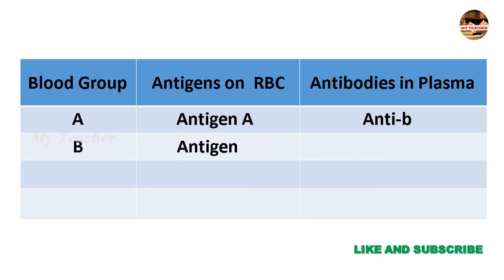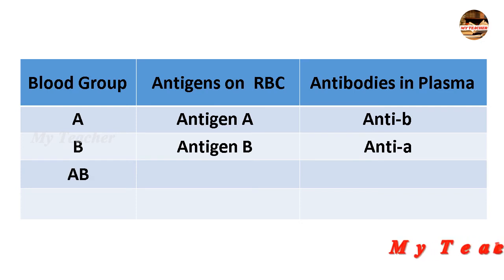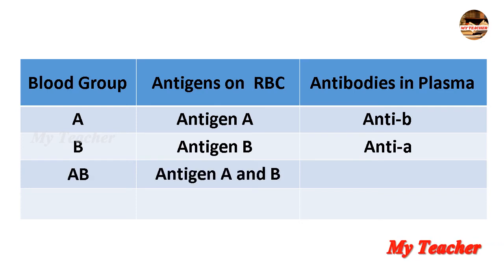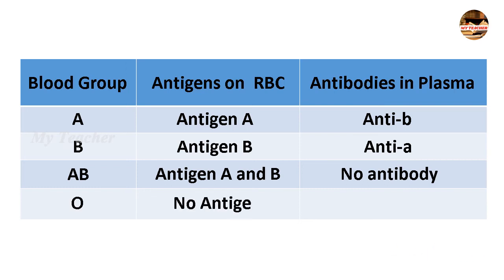B blood group, antigen B, antibody anti-A. AB blood group, antigens A and B are present but there are no antibodies. O blood group has no antigen on RBC but both anti-A and anti-B in the blood plasma.